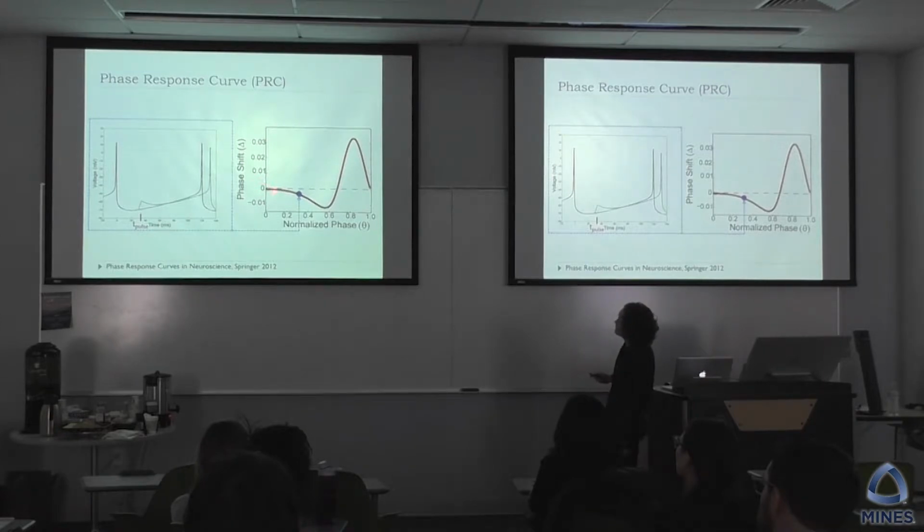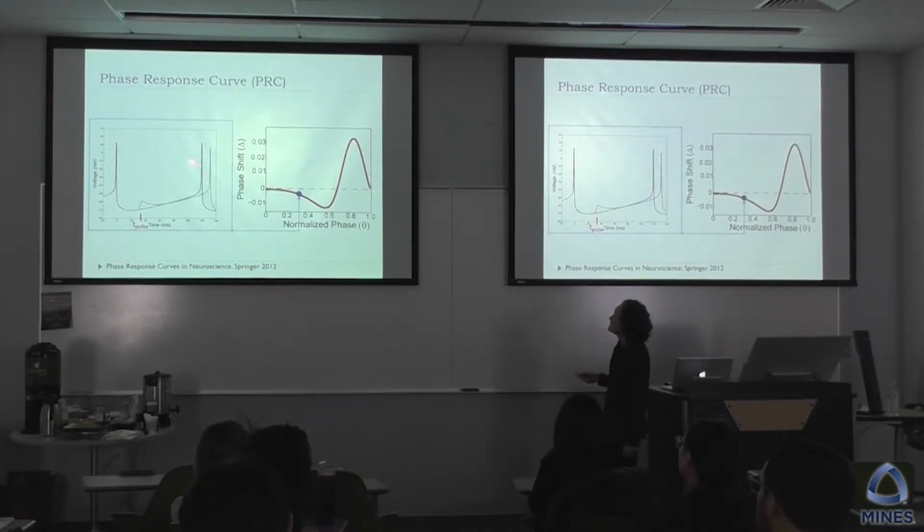The plot of the phase response curve has on the x-axis the phase of the periodic cycle of the neuron at which the stimulus arrives, and the y-axis shows the shift in timing of firing. Usually, instead of plotting it as a time shift, we plot it as a fraction of the period, a phase shift.